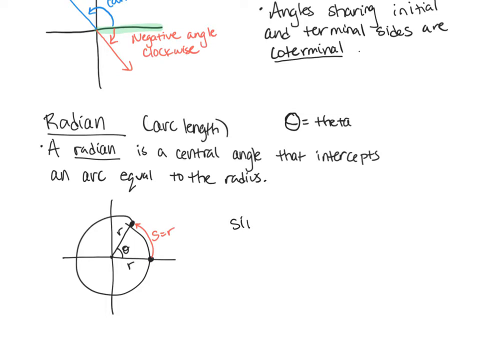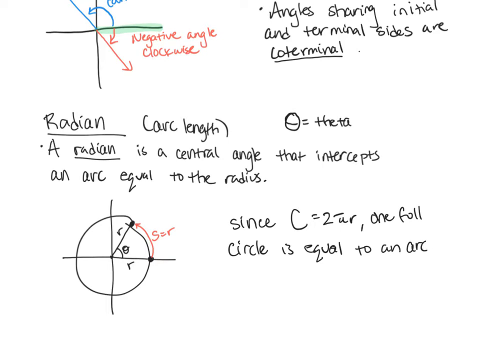And since the circumference of a circle is 2 pi r, 1 full circle is equal to an arc of 2 pi r in length.